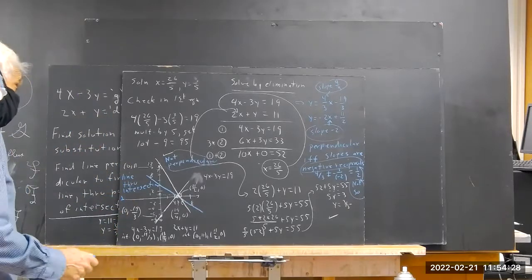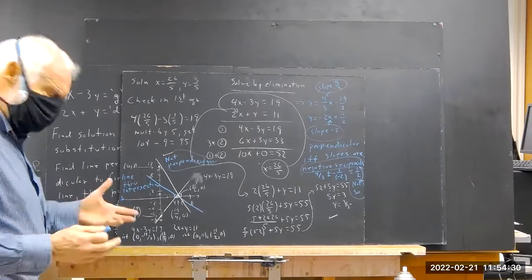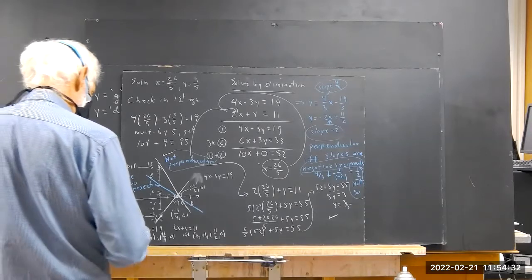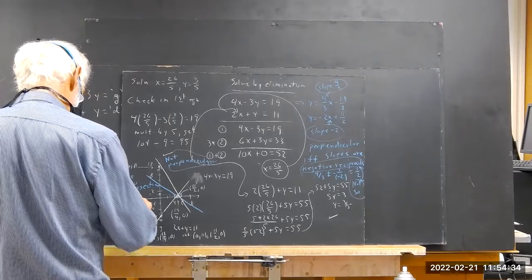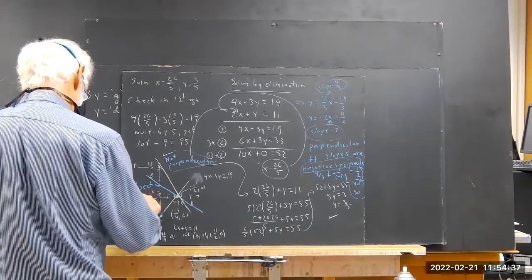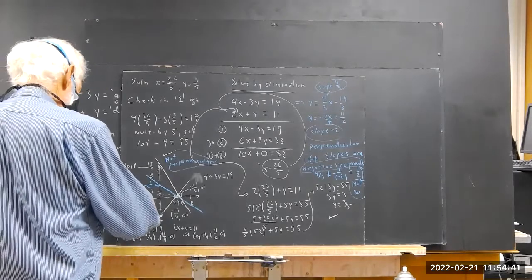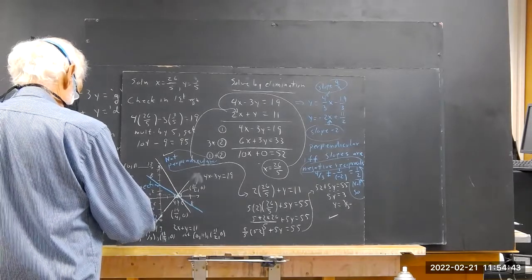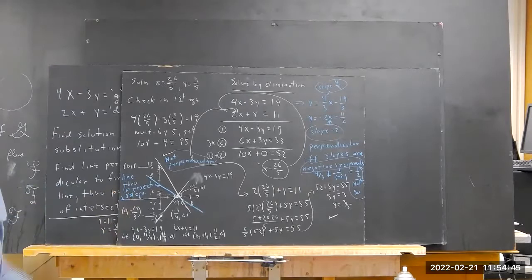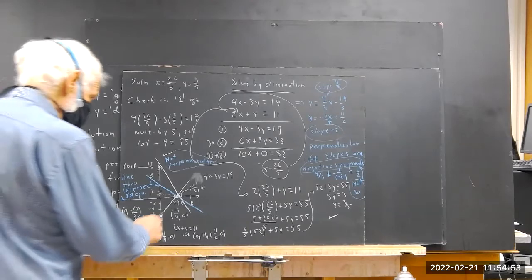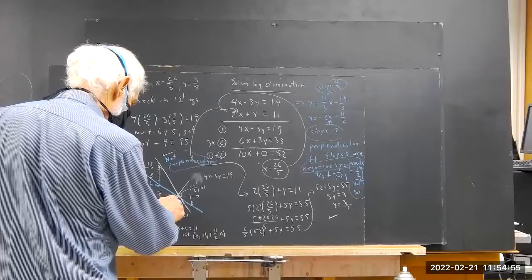So make a right angle. Now that should be a familiar notation, but maybe not. Perpendicular to the first equation. Okay. And that means that I should have about a right angle here.